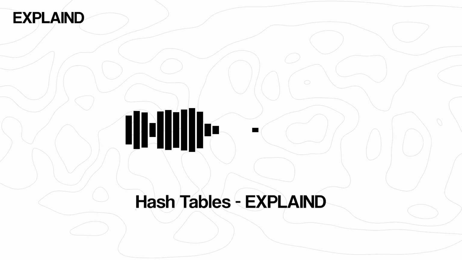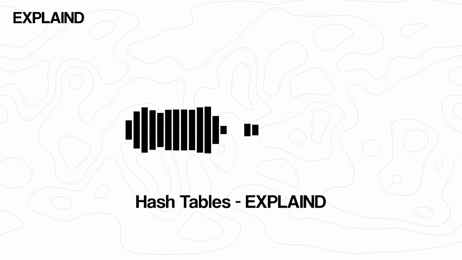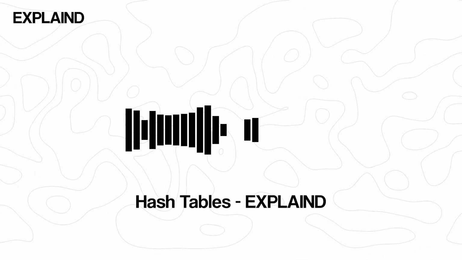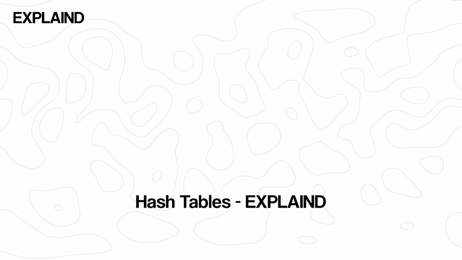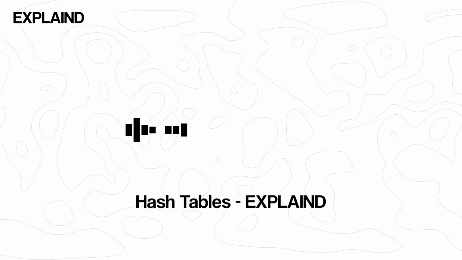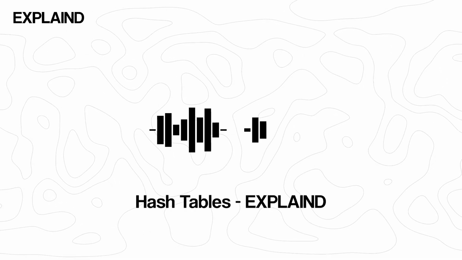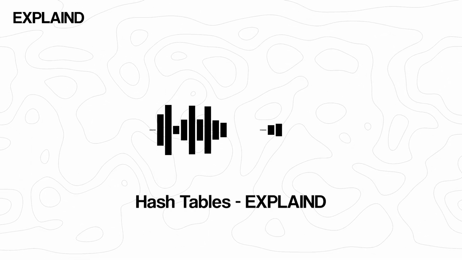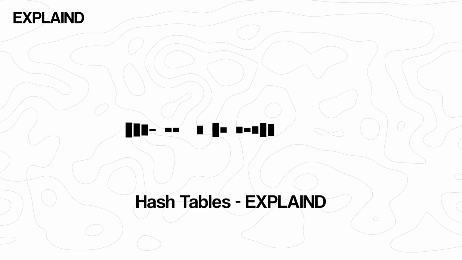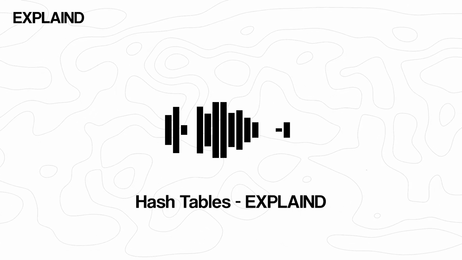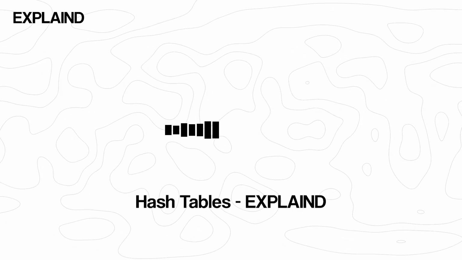So every time I'm searching for something on Google or just scrolling through my social media feed, hash tables are quietly working behind the scenes, making sure everything runs smoothly. Precisely. Hash tables are the reason we can get those lightning-fast search results and even those personalized recommendations. They're even used in things like password management systems, making sure that all your sensitive data is stored securely.